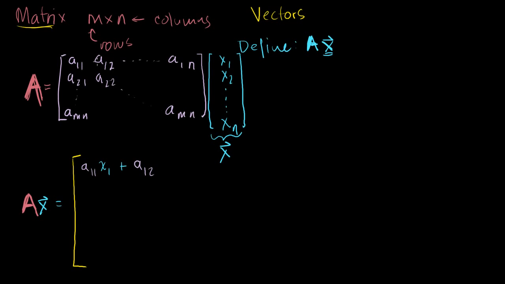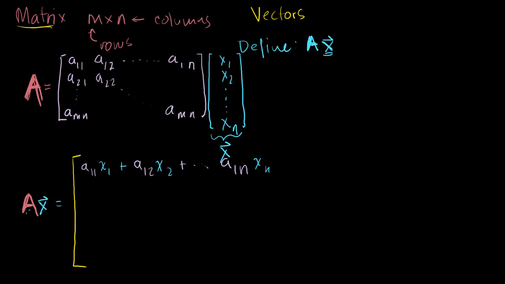So A11 times x1 plus A12 times x2, all the way to plus A1n times xn. So that's just the first entry.